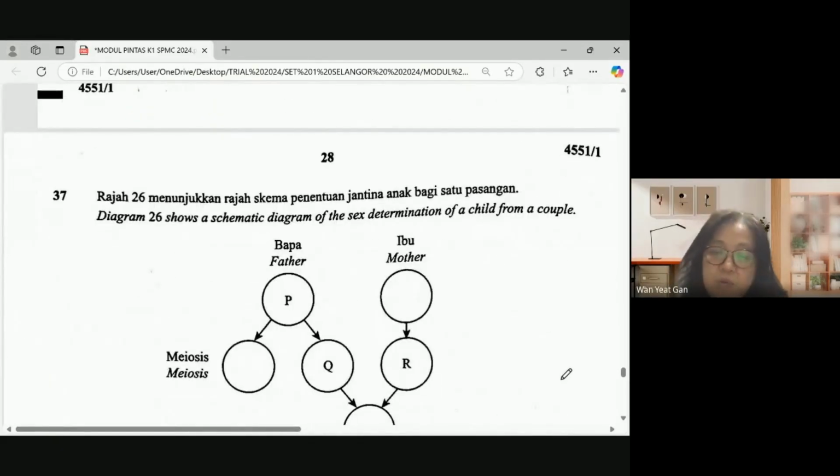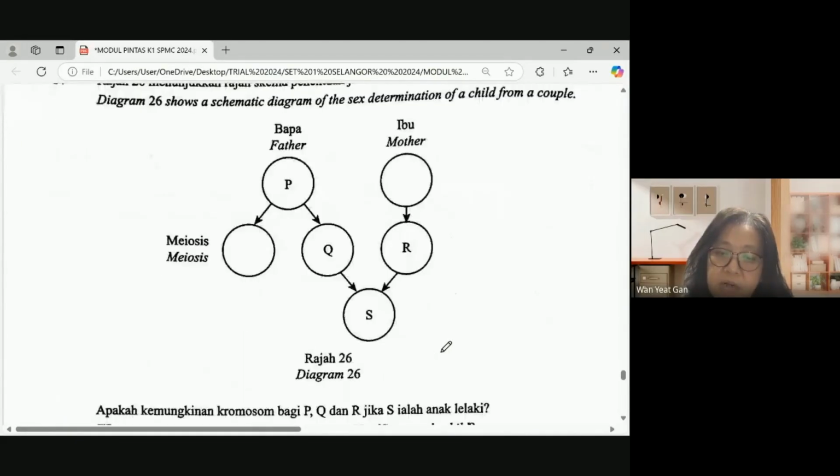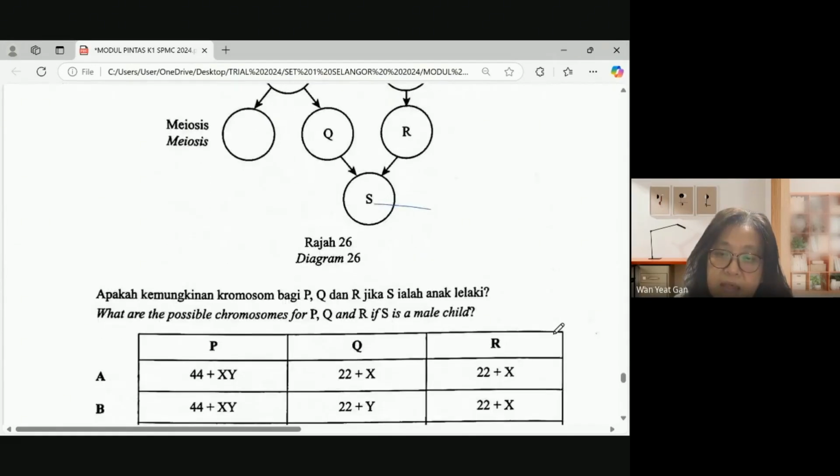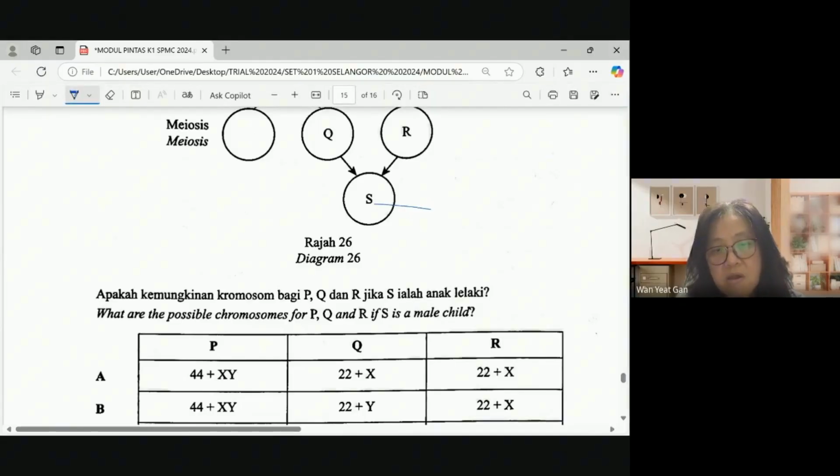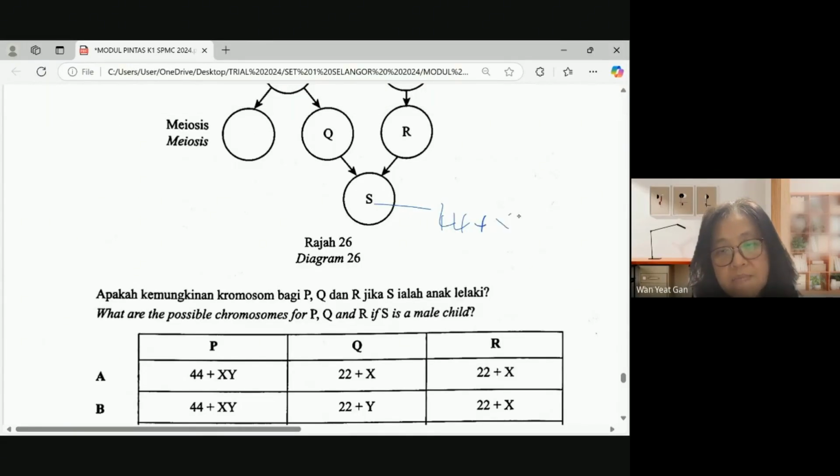Okay, diagram 26 shows a schematic diagram of the sex determination of a child from a couple. So the couple here has a son. Okay, S is a male. So for male, the number of chromosomes here is 44 plus XY.